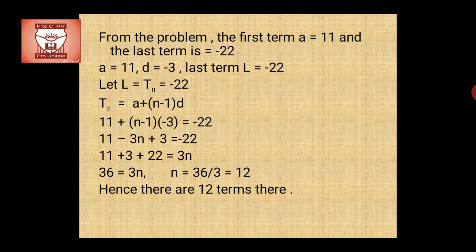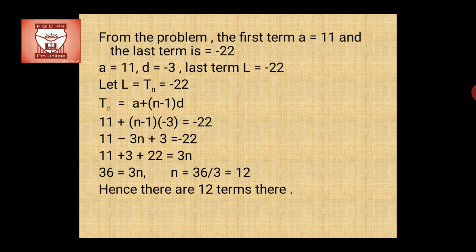When you do that, we have 11 plus n minus 1 all in brackets multiplied by minus 3. When you open this bracket, n multiplied by minus 3 gives minus 3n, and minus 1 multiplied by minus 3 gives plus 3, which equals minus 22.